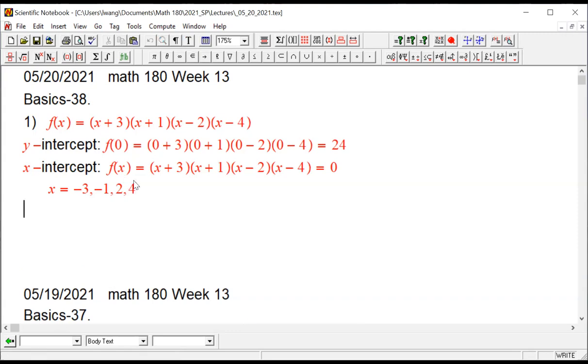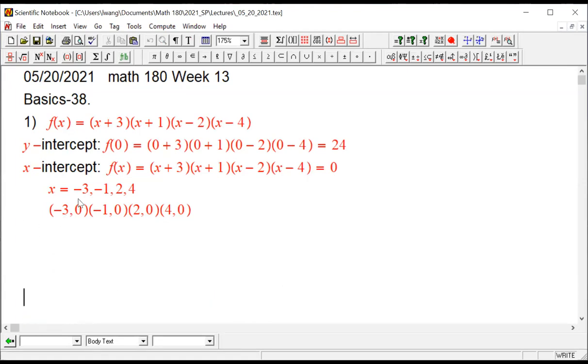So there are 4 x-intercepts. One is (-3, 0), the other ones are (-1, 0), (2, 0), and (4, 0). By this time, we already have all these intercepts.